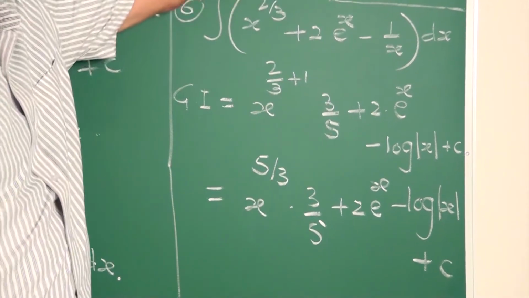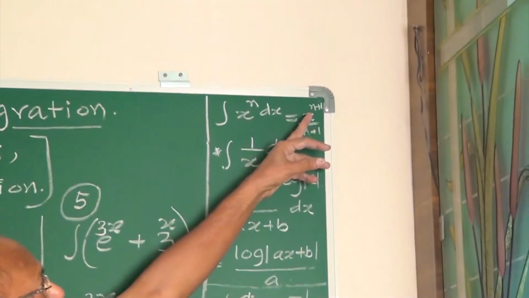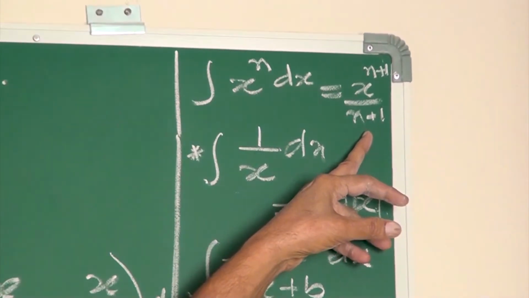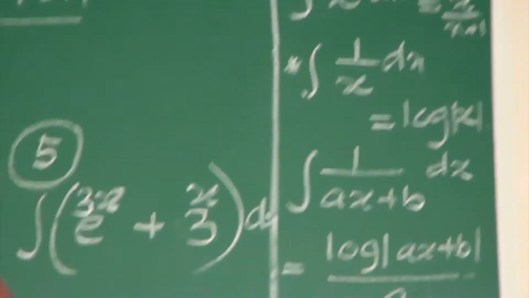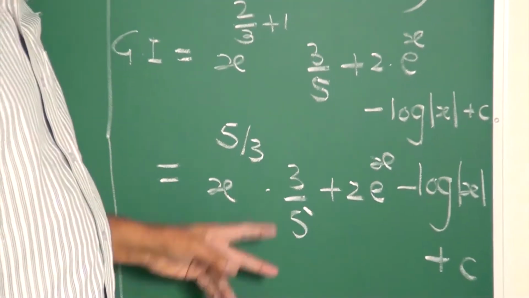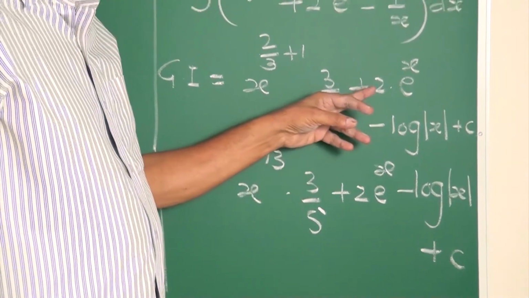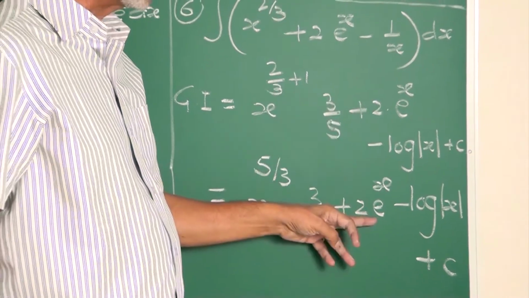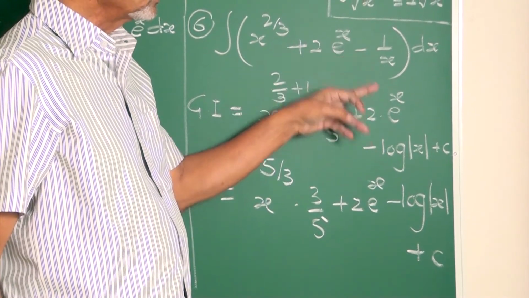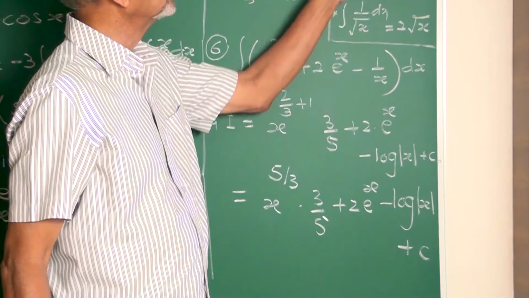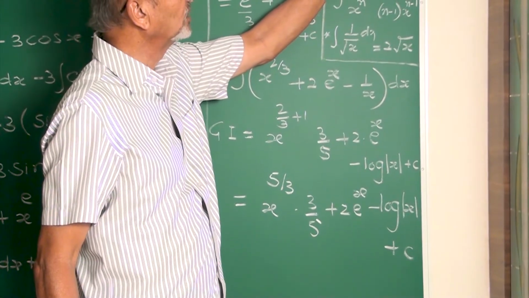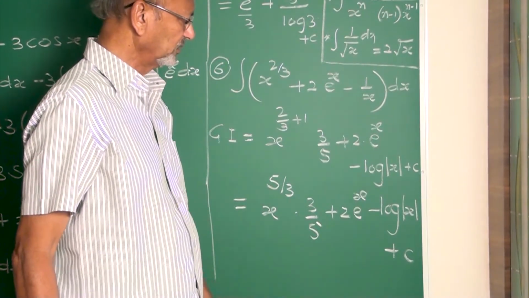Why? It is the n plus 1 power upon the power, so you have to write the reciprocal. Plus 2 into e to the power x. What is the integral of 1 by x? It is log mod x plus c.